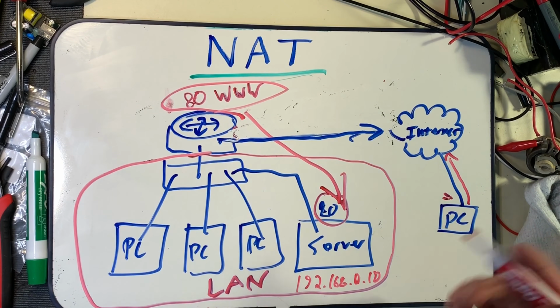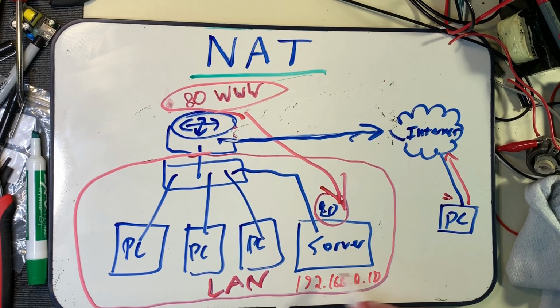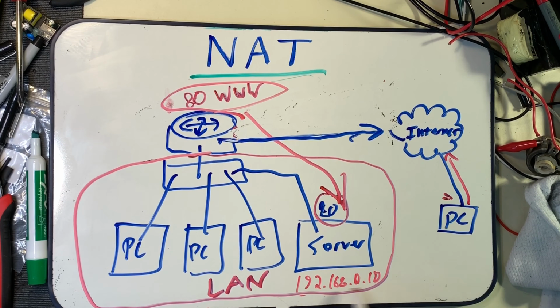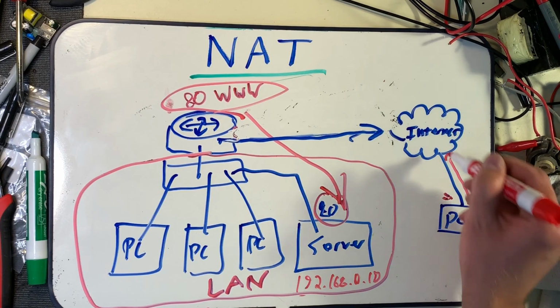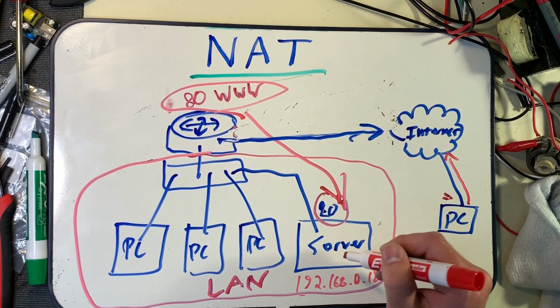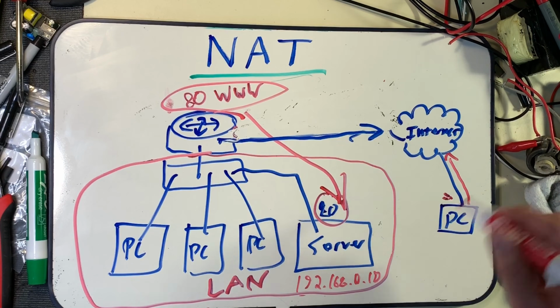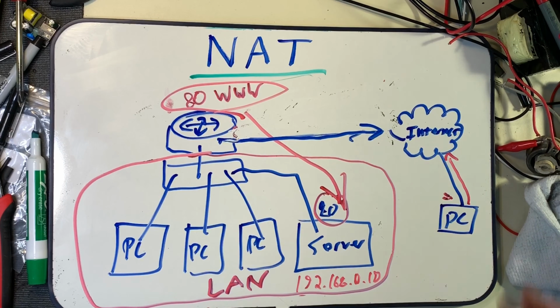Doesn't really matter. The point is, this address is not routable on the internet. You can't go to your PC, type in this IP address, and expect it to be able to go to the internet, to this router, and down to here. It's just not going to happen. What's going to happen is this PC is going to try and find it within its own local network, and when it can't, it's just going to disappear.